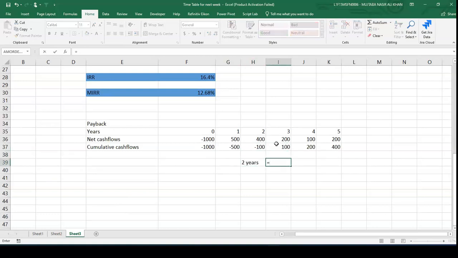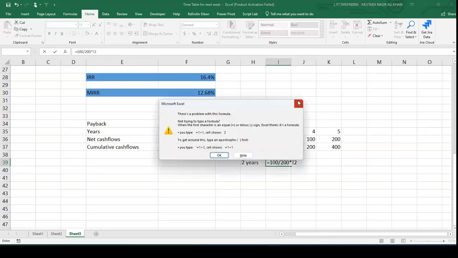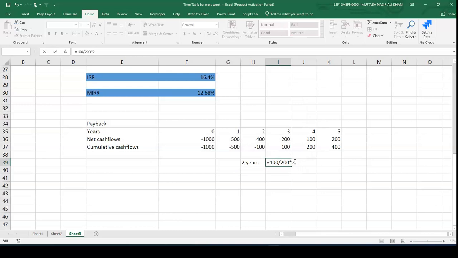You need 100 at the end of year 2, and what you have got at the end of year 3 is 200, into 12, 6. So the answer is 2 years plus 6 months. That's the answer, the payback period.